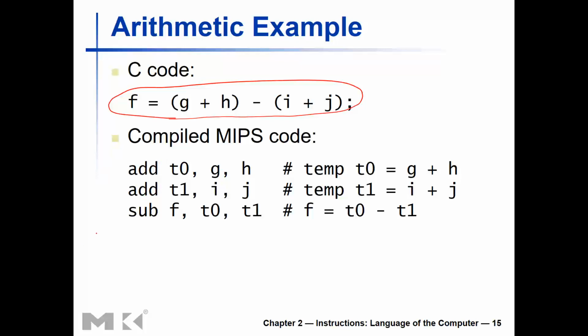To compute this expression, I compute this addition with an add and save the result in register $t0, then I do this add as well and save it in register $t1, and then by doing a subtract, I can get the value of this function.